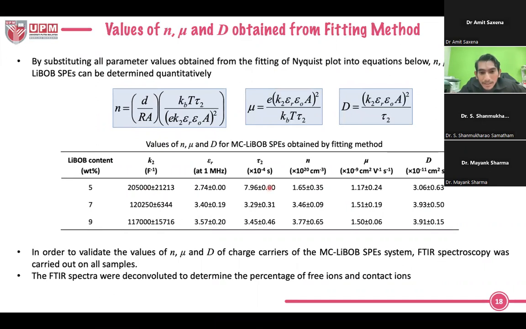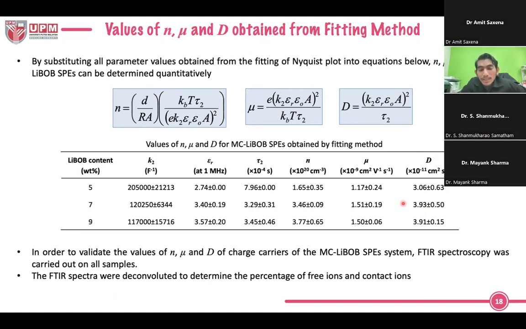And here we can see the values of N, mu, and D that we calculated from the fitting method. Since we only did a fitting method, we need some supporting data to validate the calculation.